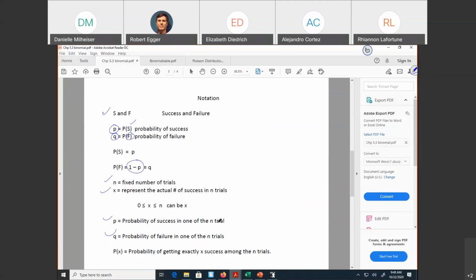And of course, these numbers have to remain constant between trials. So every time you do a roll of the dice or whatever, it should have the same distribution, the same probability.